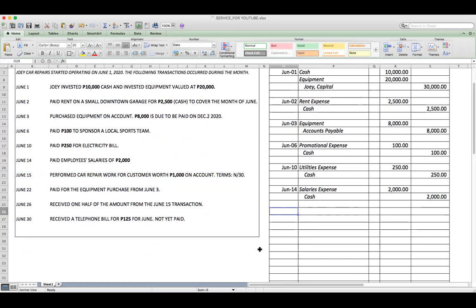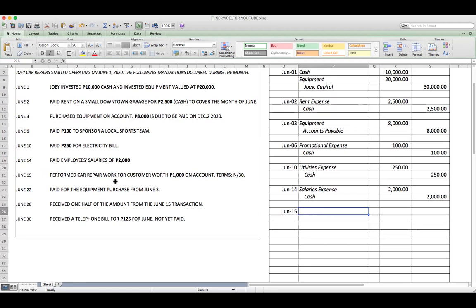Okay, on June 15, performed car repair work for customer worth 1,000 on account. Tagalogin natin, no? Gumawa ng repair work sa sasakyan sa isang customer na halagang 1,000 at ito ay nakautang. Ayun, ganun lang. So again, as a business, ang itatanong mo sa sarili mo, ano ba ang iyong tinanggap?